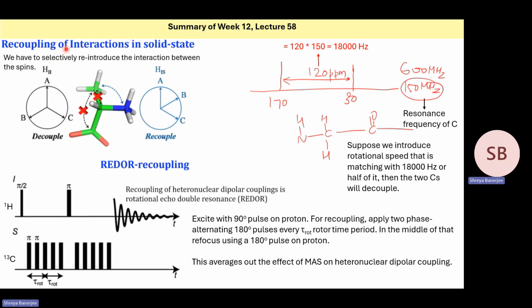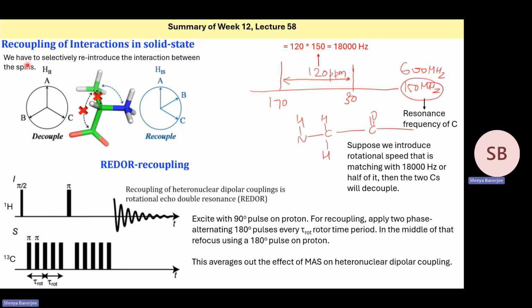So this is what we are calling recoupling of interactions in solid state. We have to selectively reintroduce the anisotropic interactions between the spins. So imagine these were the anisotropic interactions which got cancelled out. So you can see A, B, and C, the three spins are now uniformly oriented.